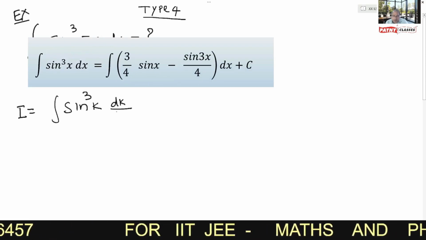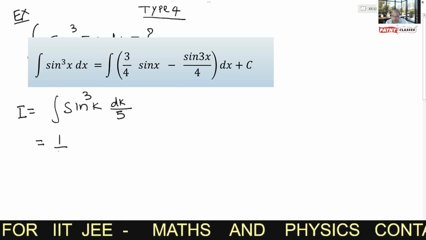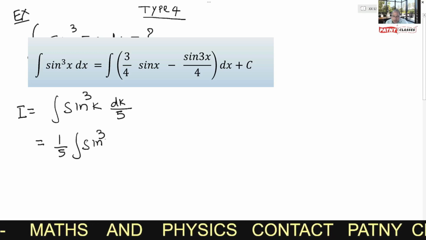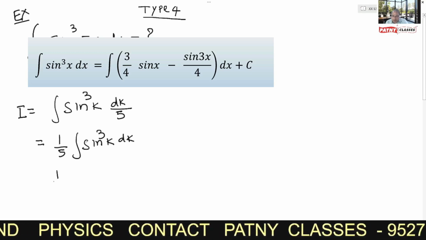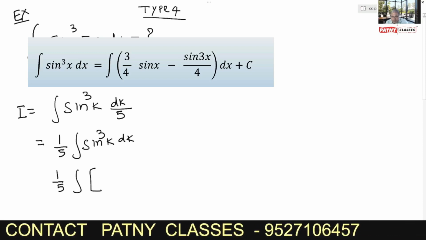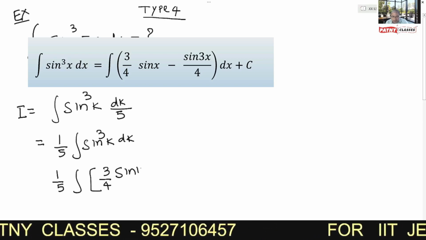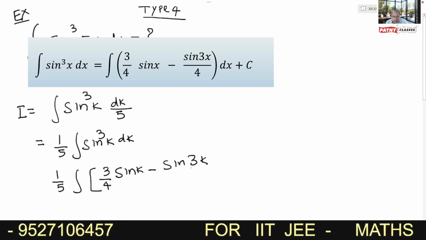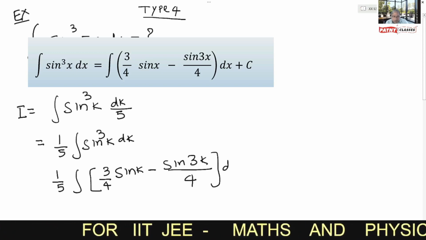So with respect to k, 1 upon 5 can be taken outside. So integration of sin cube k with respect to k. Now what is the trigonometric identity? Sin cube k is nothing but 3 upon 4 sin k minus sin 3k upon 4 with respect to k.